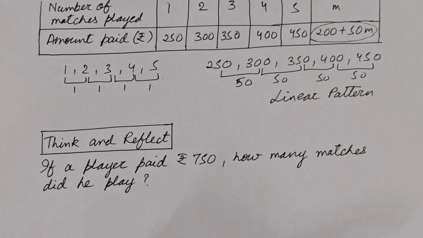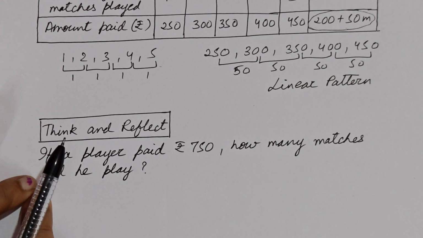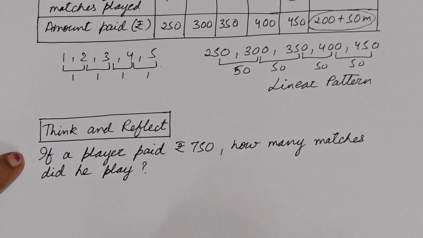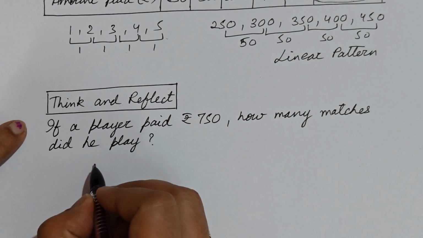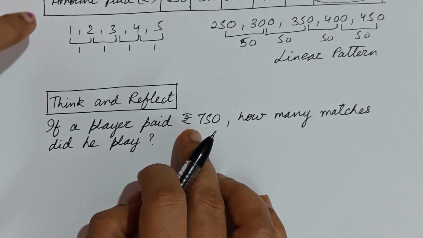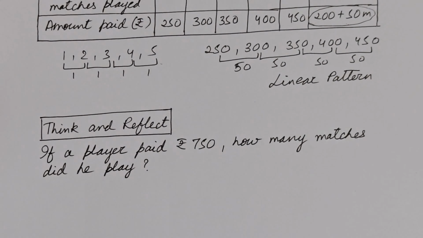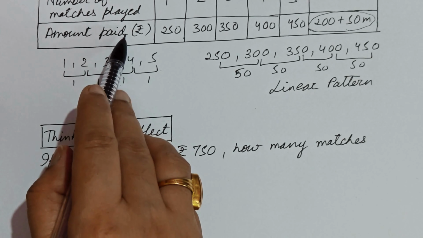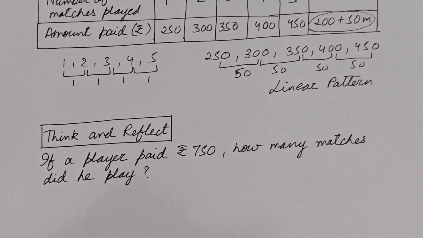Now they are asking how many matches the player played when he paid rupees 750. That means the amount paid is 750, and they are asking for the number of matches played.